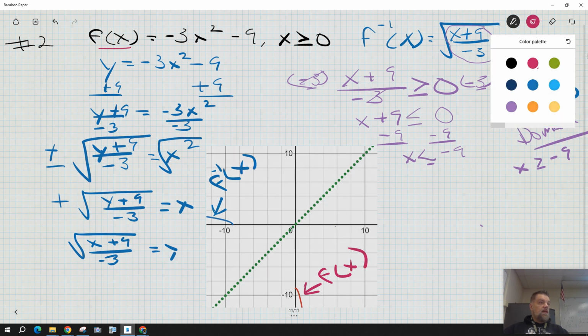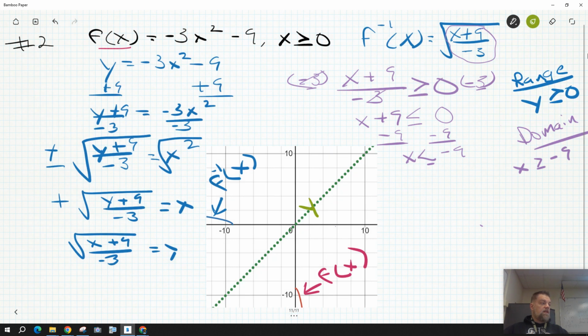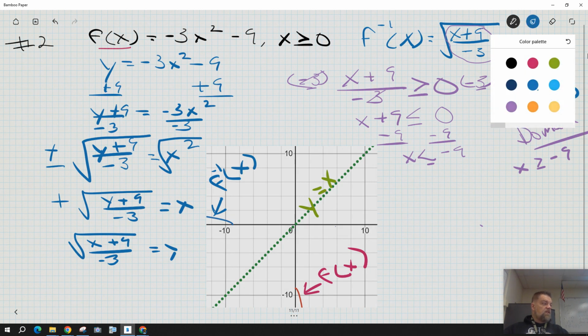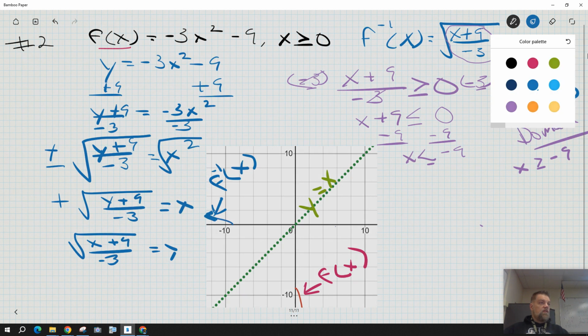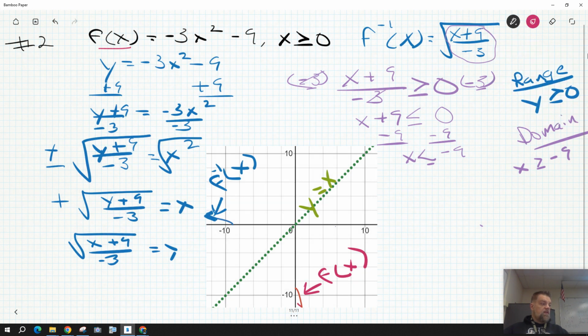And then lastly, this is the diagonal, which is y equals x. Okay, you have the symmetry. And then probably for good measure, we know that this goes on forever this way, right? We also know that this goes on forever. Right? Any questions on that one?